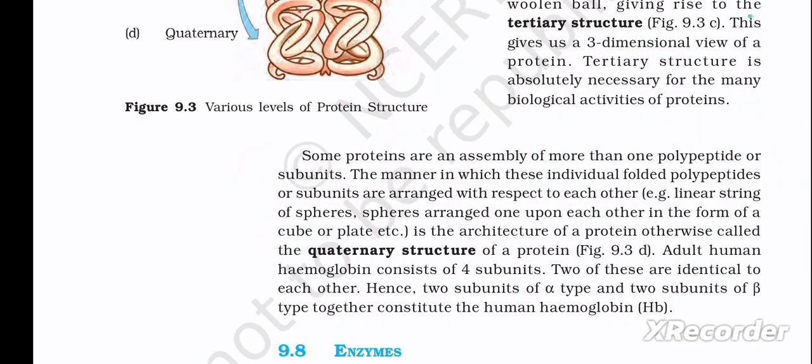Some proteins are an assembly of more than one polypeptide or subunits. The manner in which these individual folded polypeptides or subunits are arranged with respect to each other, example, linear string of spheres, spheres arranged one upon each other in the form of a cube or plate, etc., is the architecture of a protein, otherwise called the quaternary structure of a protein.